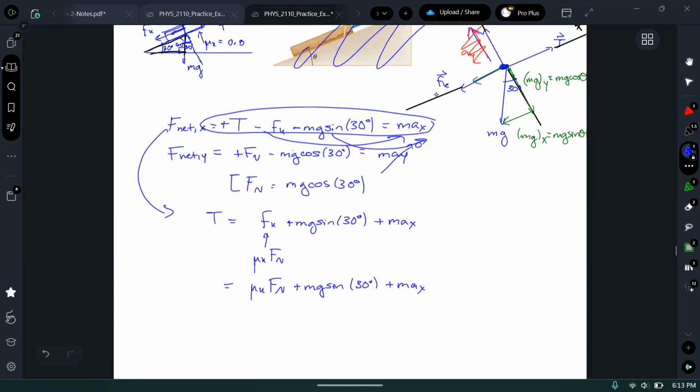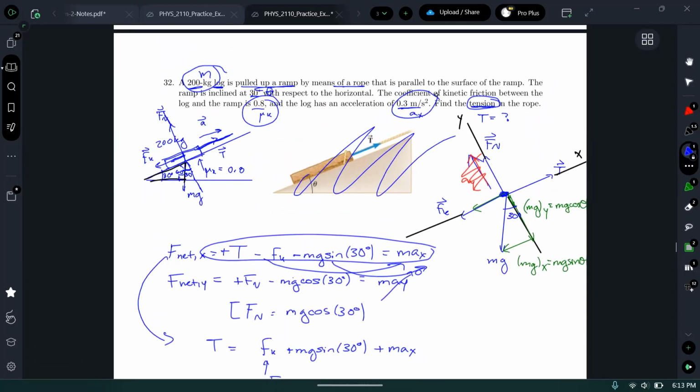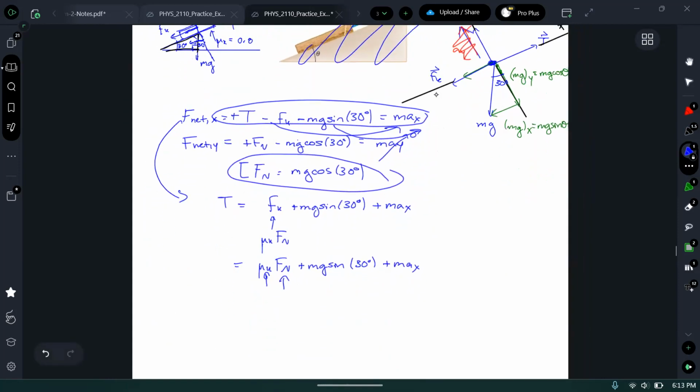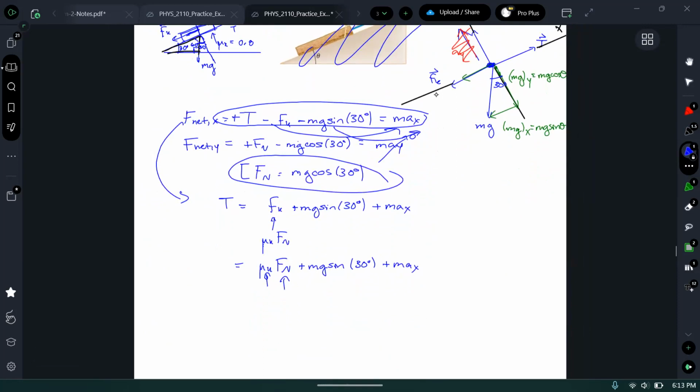And I'm a step closer because I had the coefficient of kinetic friction given. So now it's just about the normal force. If only I had some nice convenient equation for that with all things I know. Oh, I do, from the first part, finding the net force in the y direction. So I'll put that in for the normal force.